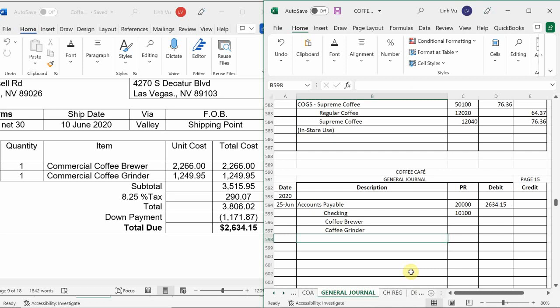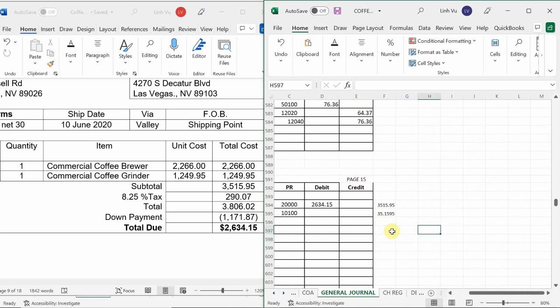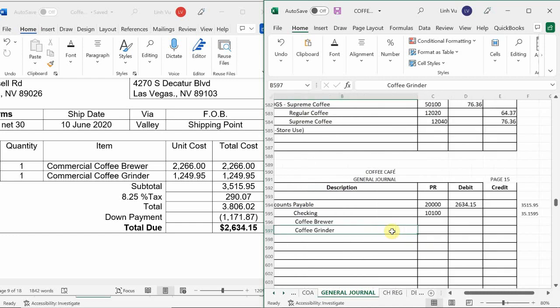So we need to adjust the amount of the discount out from each account, because again, it's taking off the asset itself, right? Now we already figured out we have a total of $35 and roughly 16 cents worth of discount. Now, how are we going to divide that amongst the coffee brewer and coffee grinder?